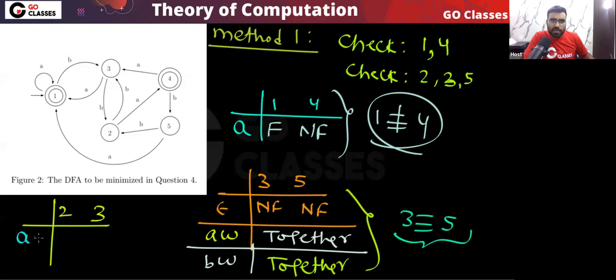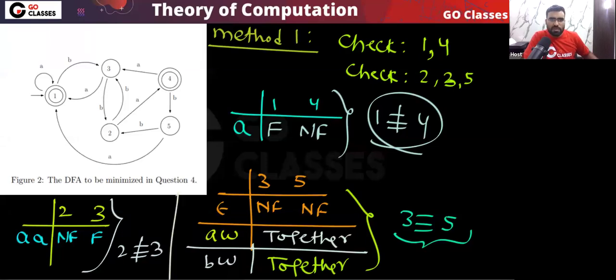Yes, you can take double A. State 2 on double A will go to non-final, state 3 on double A will go to final. So 2 is not equivalent to 3, and 3 is equivalent to 5. Similarly, 2 comma 5 are not equivalent.